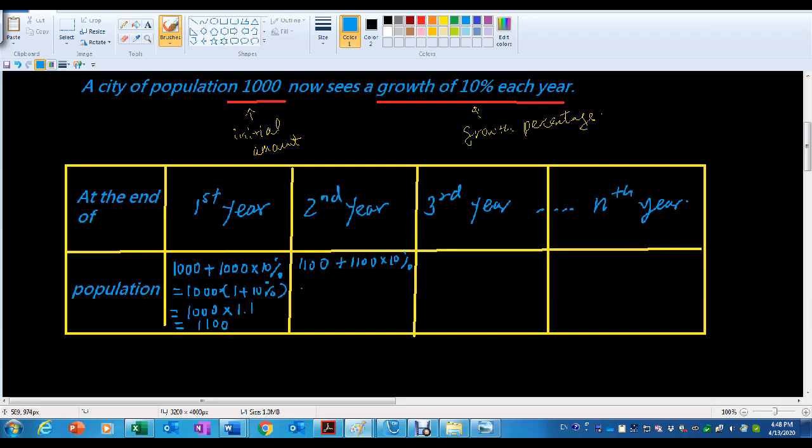So that would be 1,100 times 1.1, which gives 1,210. How about the third year? You see each time we multiply by 1.1. At the third year you are going to multiply by 1.1, but use the number at the end of the second year.